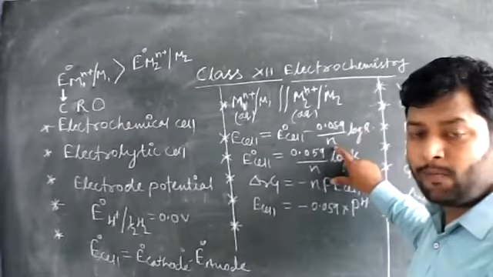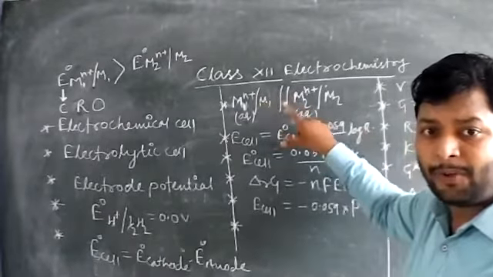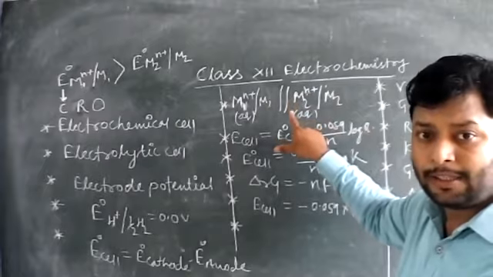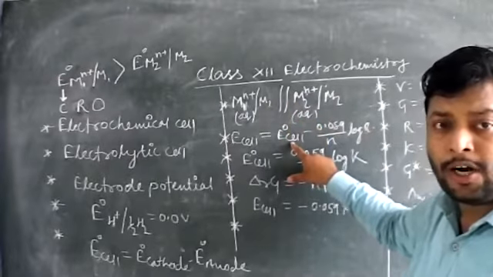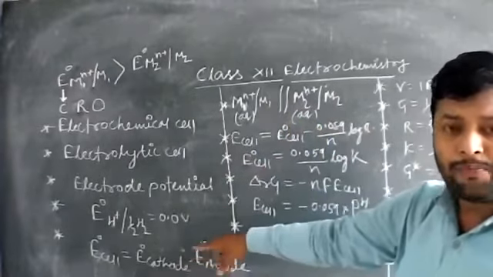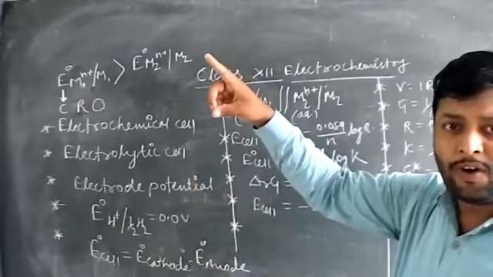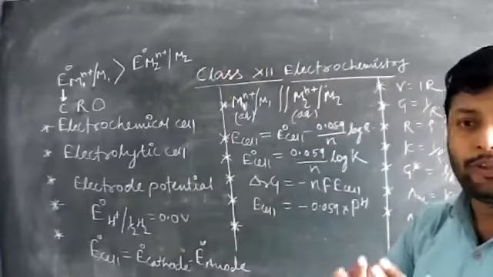The n will be the number of electrons involved in the redox process. As we discussed, we can easily calculate E naught cell by this formula, and for that, we have the reduction potential values of two different electrodes.